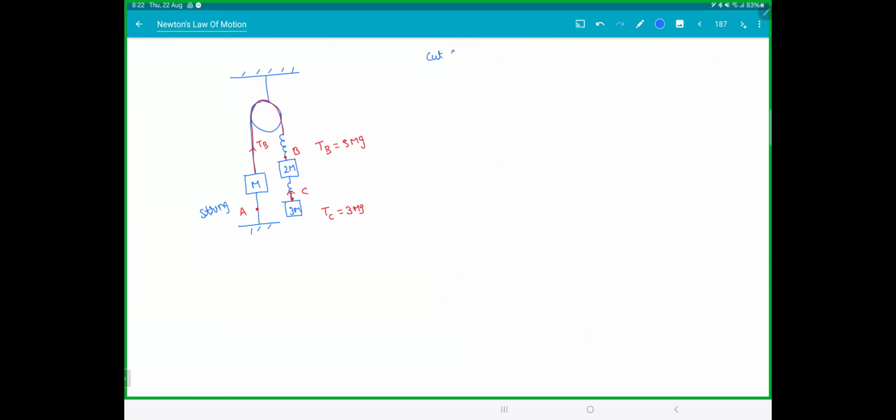The game is a little different here. So when you're cutting at B, first thing, Ta, we don't know. Remember what we said: when you cut a spring, spring tension is 0. If you don't cut a spring, spring tension will be the same. We never talked about a string. Strings can suddenly change tension depending on the scenario. So we don't know. It need not be the previous value.